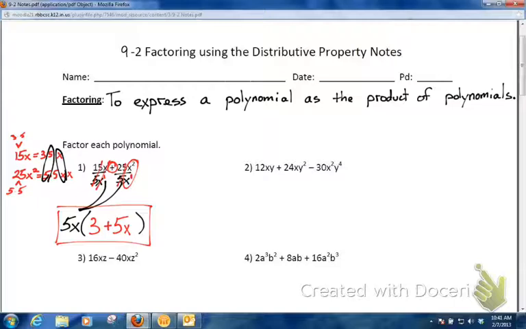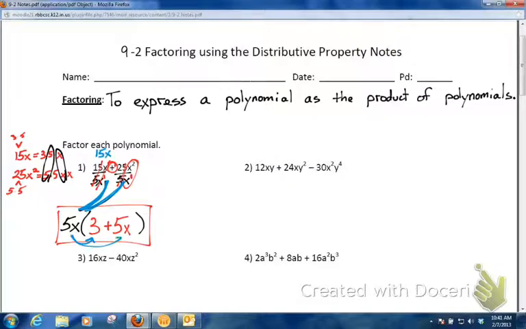Now, a nice thing too is you can always double check your answers here by simply redistributing. Like I said, I kind of think of this step here when we take out the 5x as undistributing, because you're taking it out, you're dividing it out. Well, if you want to check your answer, just redistribute. What's 5x times 3? Well, 5x times 3 is 15x.